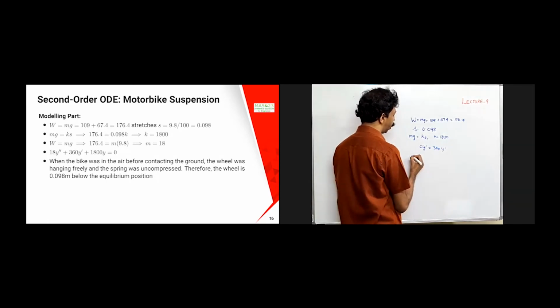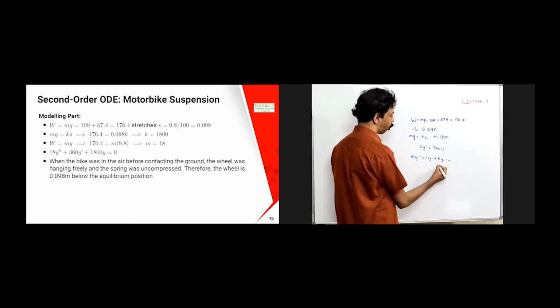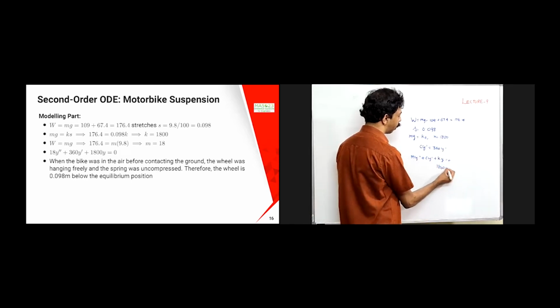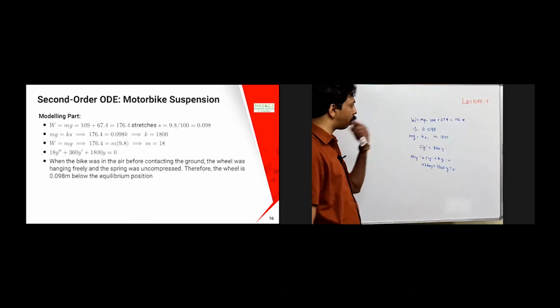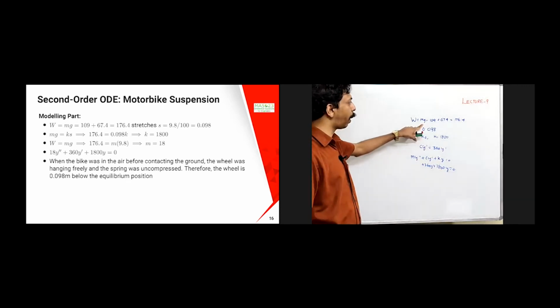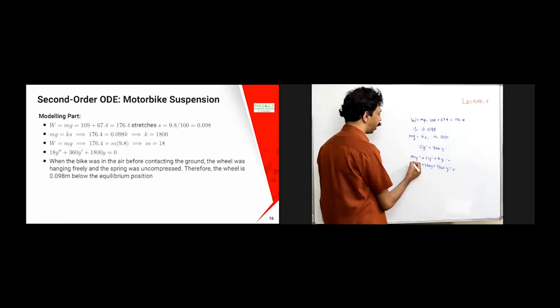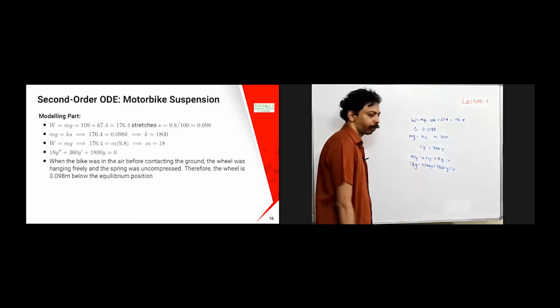Therefore you are going to get my double dash plus cy dash plus ky, which becomes 1800 y, and cy dash is nothing but 360 y dash. Then m is 176.4 kilogram divided by g, substitute 9.8, and m becomes 18, so 18 y double dash.